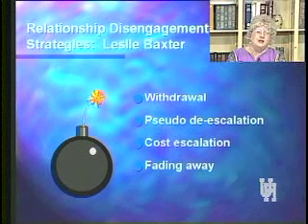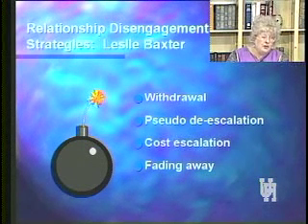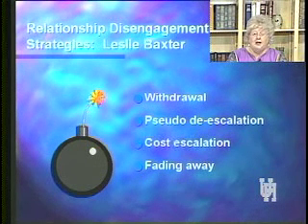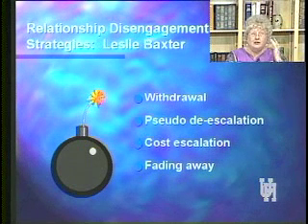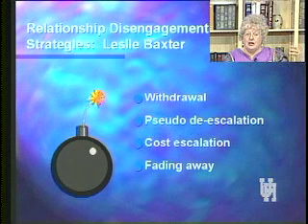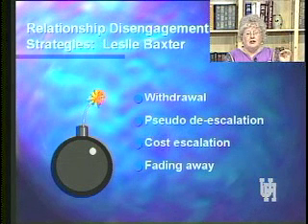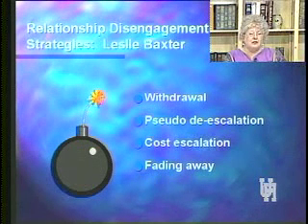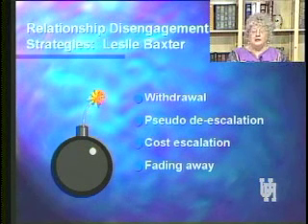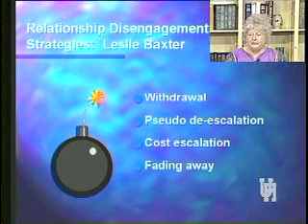So instead of going out with you 5 nights a week, I'm just going to go out with you once a week, and I'm going to see some other people too. When you know full well that this is a fake slowing down. In your mind, the end is already in sight. So it's pseudo, it's fake, de-escalation, a false slowing down in the relationship. But that's one way that we disengage ourselves from relationships.